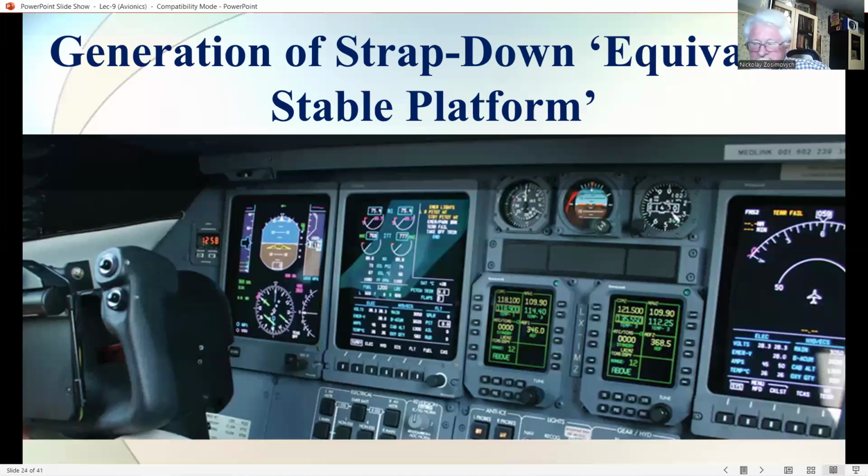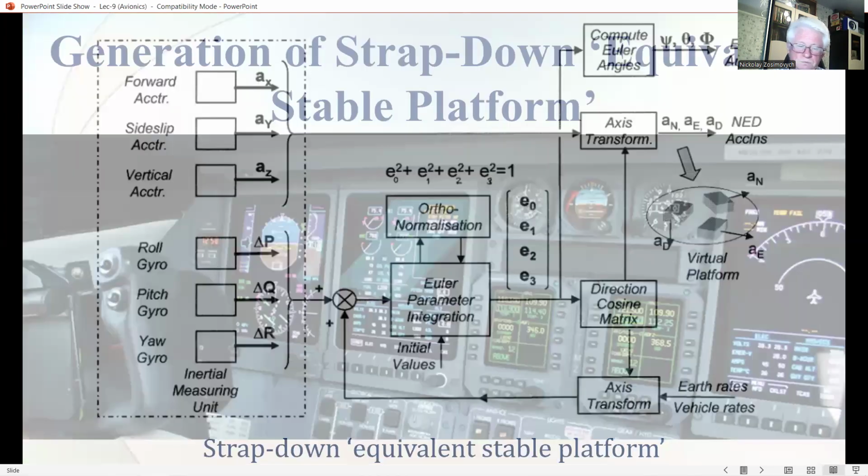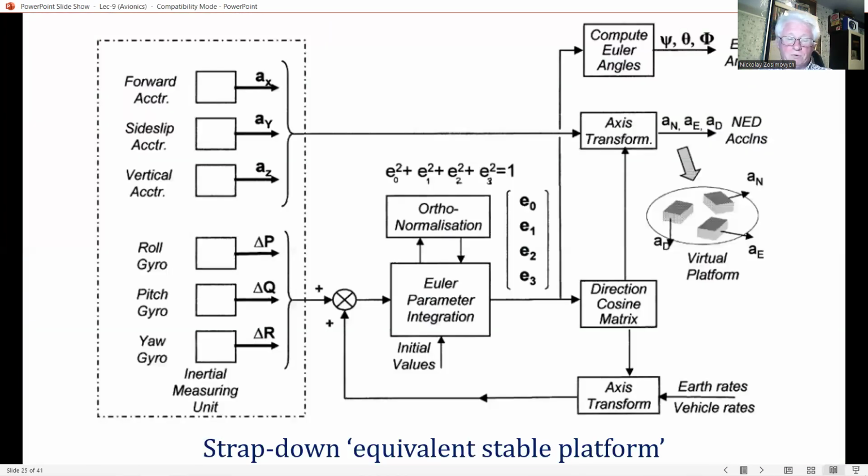Now let's start with another subtopic for today's lecture, generation of a strapdown equivalent stable platform. The next figure illustrates the computational process involved in generating an equivalent stable platform within the strapdown system computer.